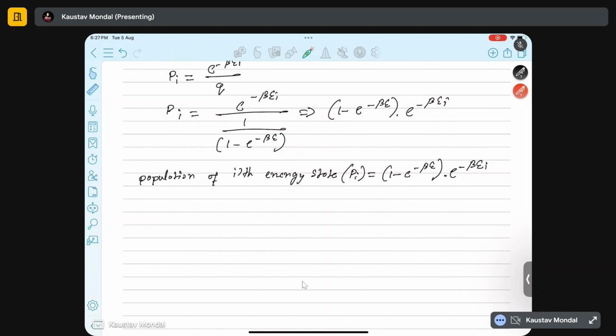Now next we will do some mathematics on it. So let's start from problem one.